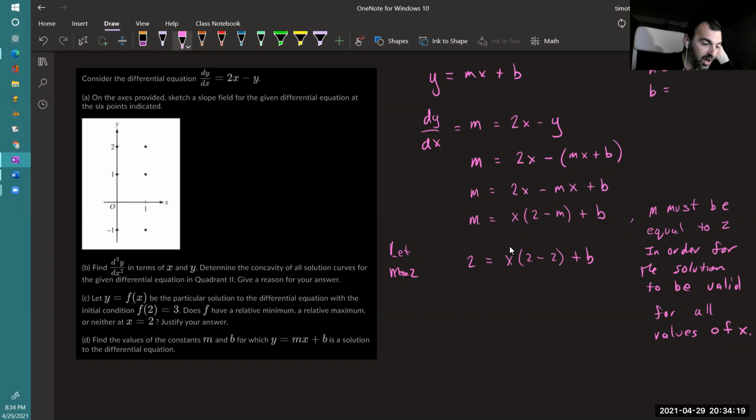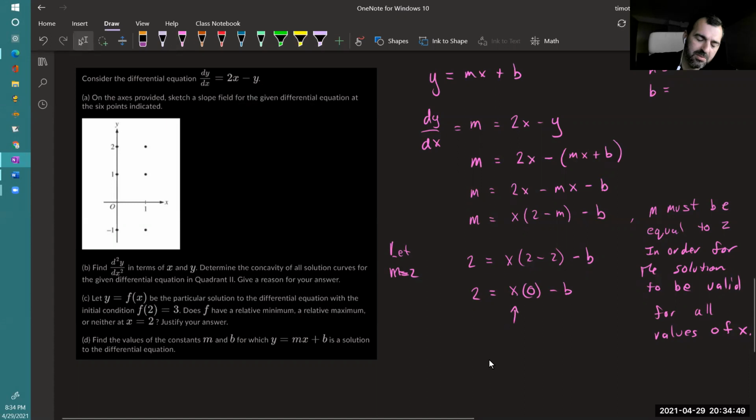Oh, sorry guys. I'm sure some of you at home caught that. It's supposed to be a negative here because this negative distributes into the b. See that? So now look at this. I get 2 equals x times 0 minus b. Well, what's x times 0? It doesn't matter, so x could be anything.